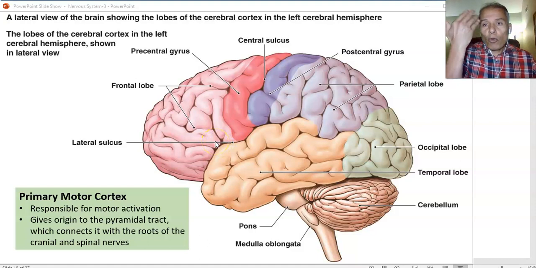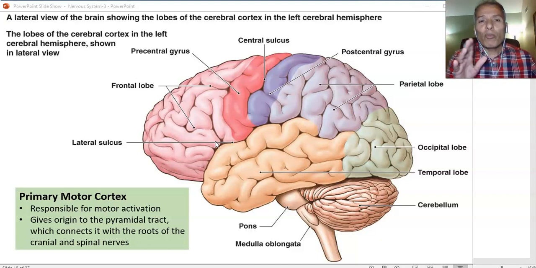Before you perform any movement, whether you're moving your hand, your tongue, or your lips, before making any planned movement, you make a motor script first. It's called the simulation or a simulated script.